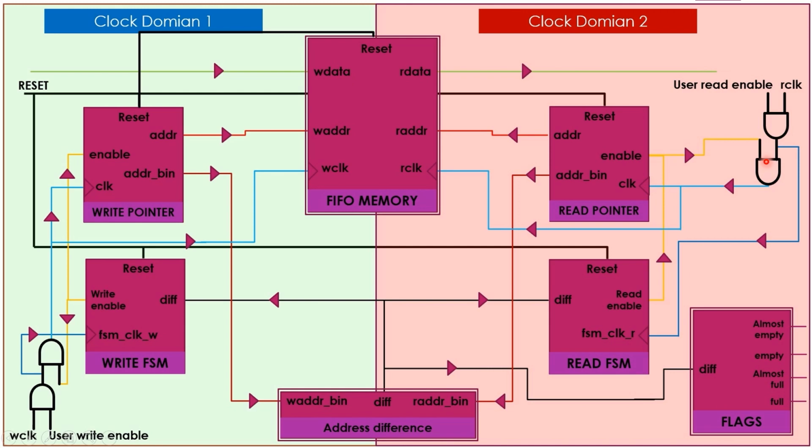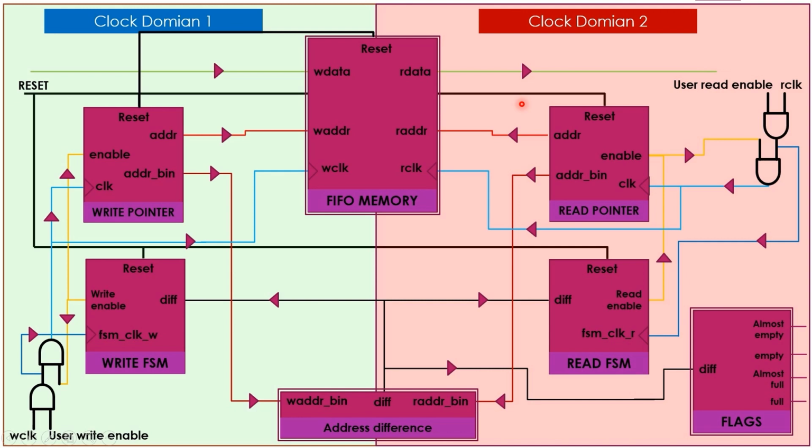When reset goes low, the write data is initialized with the value that we intend to store into FIFO memory and then transfer to the read clock domain. This write data value is stored into FIFO memory until the first positive read clock edge occurs after the reset signal has gone high, after which it is transferred to the clock domain 2 and is read by the user or by the other system.